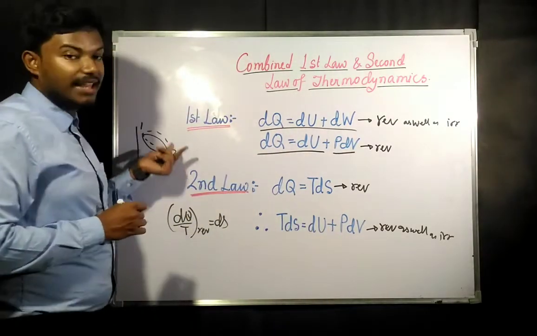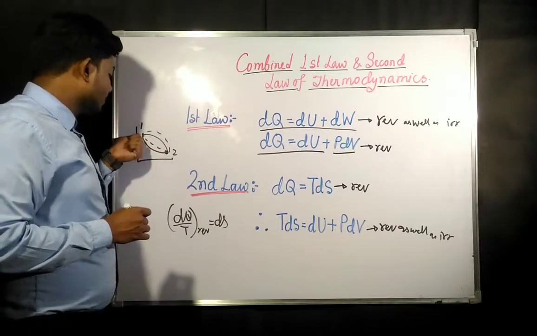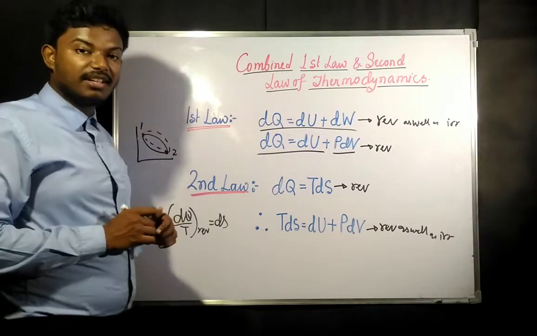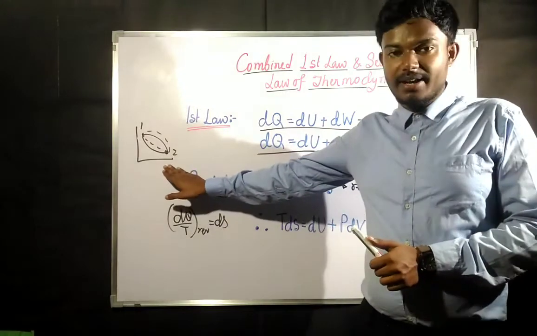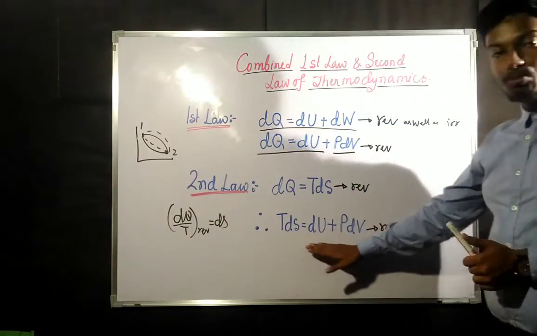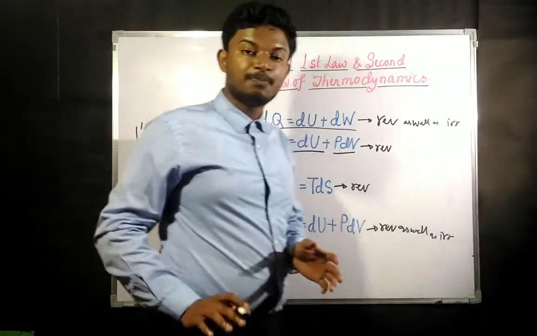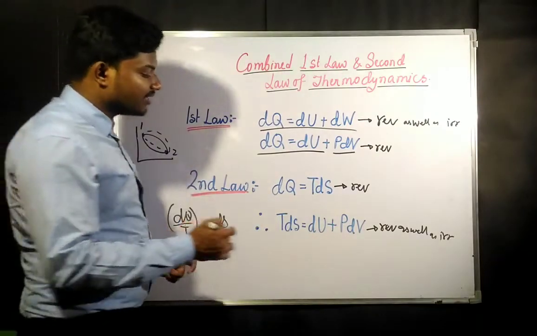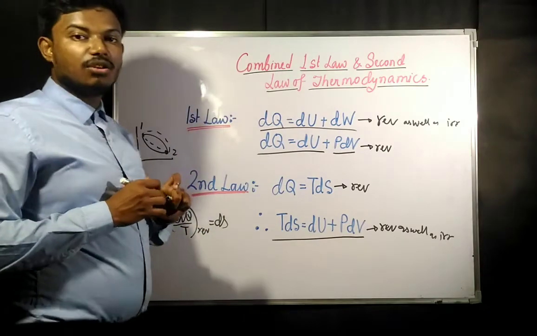So in between these two points, whether there is a reversible process or an irreversible process, it is not going to matter. Since this equation is connected with all these properties, that's why it is valid for reversible as well as irreversible processes.